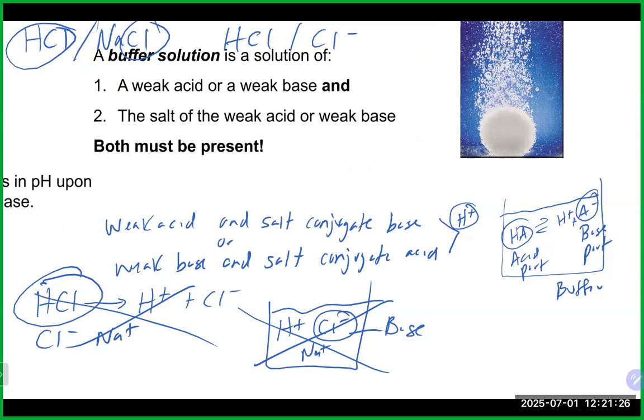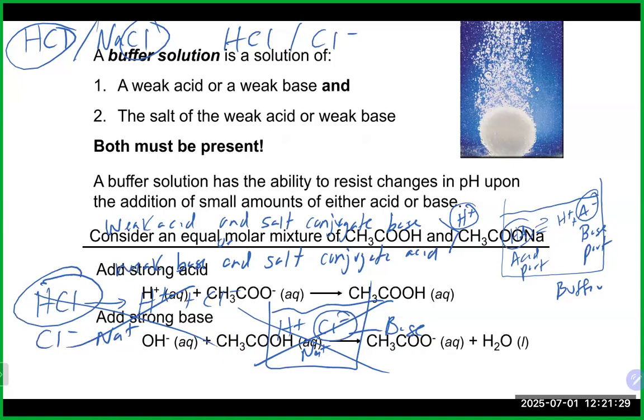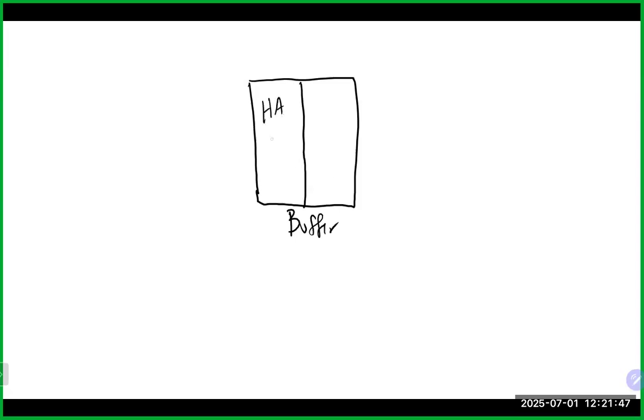So it is really important that both of those things are in there to begin with for a buffer to work correctly. Now, you can think of it like this: you have a buffer, and the buffer itself has an acid part and a base part. So what happens is, as we just saw, when you add additional acid, it will react with the base part and use some of it up, but it will generate some of the acid part.